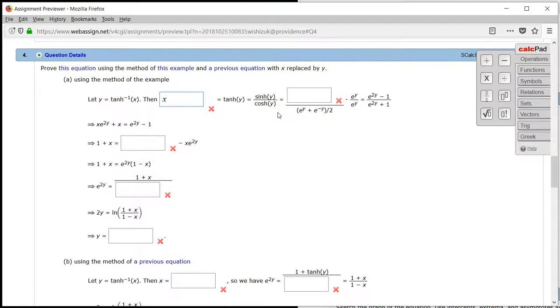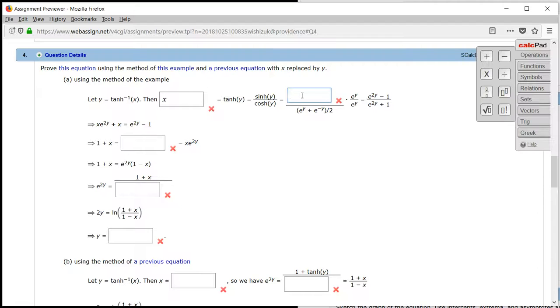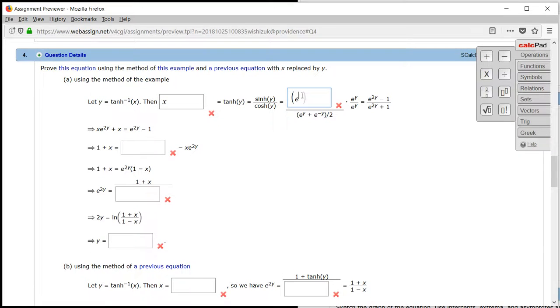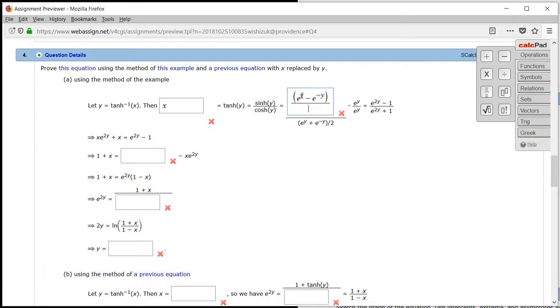That's just a definition. And using the definition here, it's e to the y minus e to the negative y over 2. That's just the definition of a hyperbolic sine.